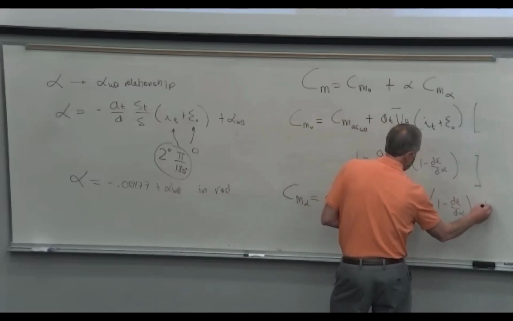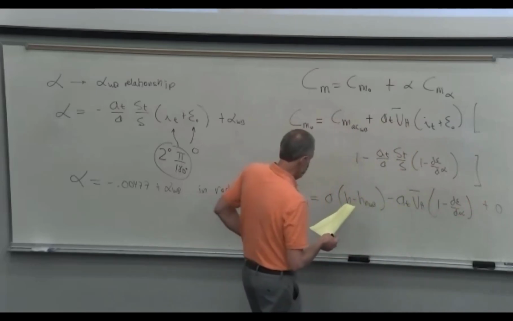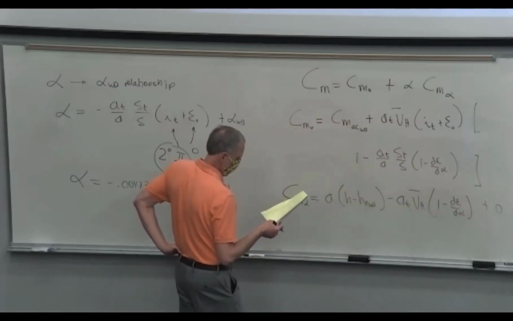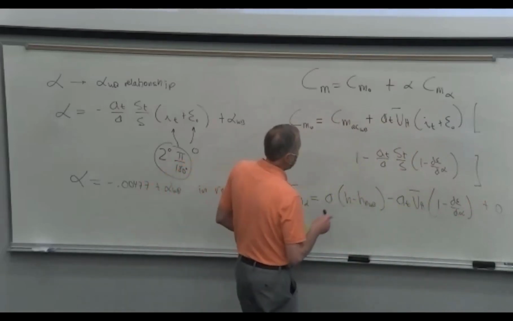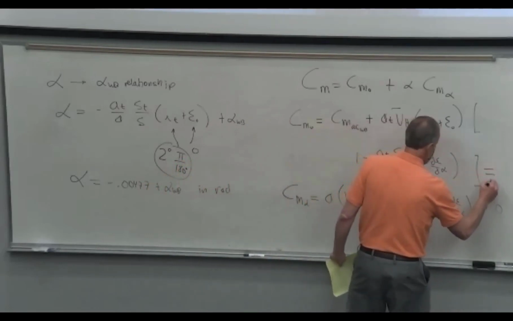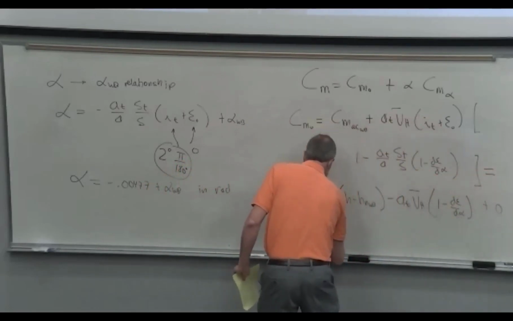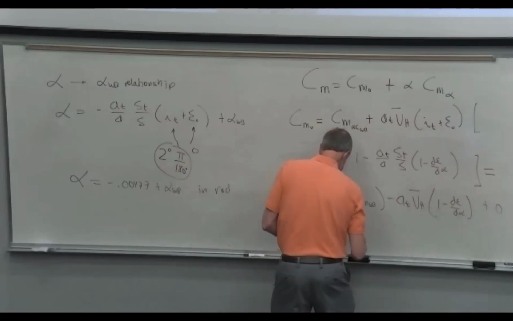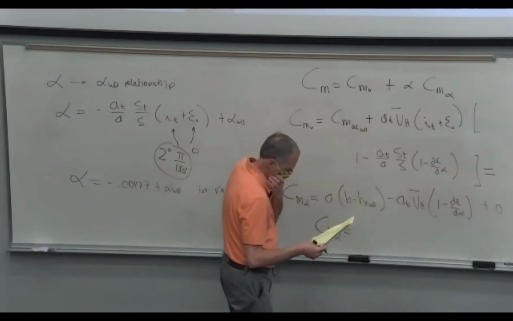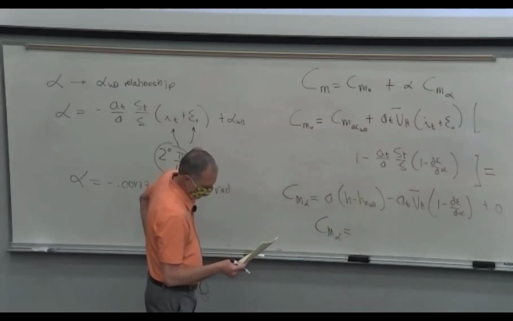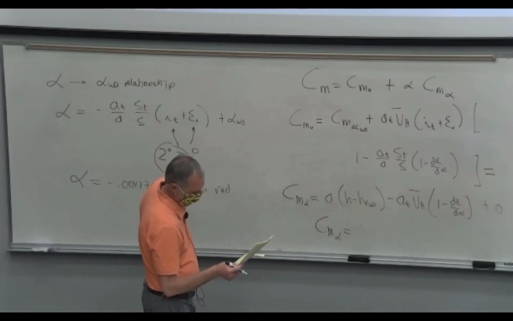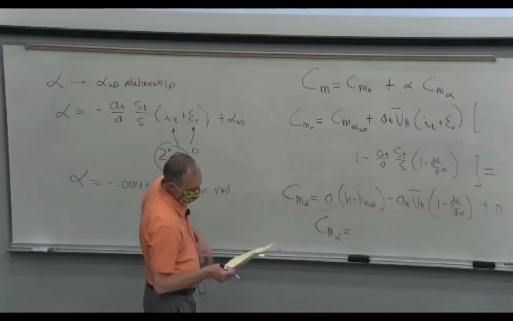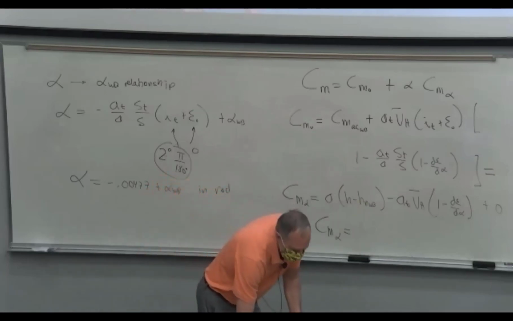And then the propulsion stuff is 0. So give me a number for Cm0 and a number for Cm alpha. And that'll be the last thing we do today. How's our time? 11 after? Okay.